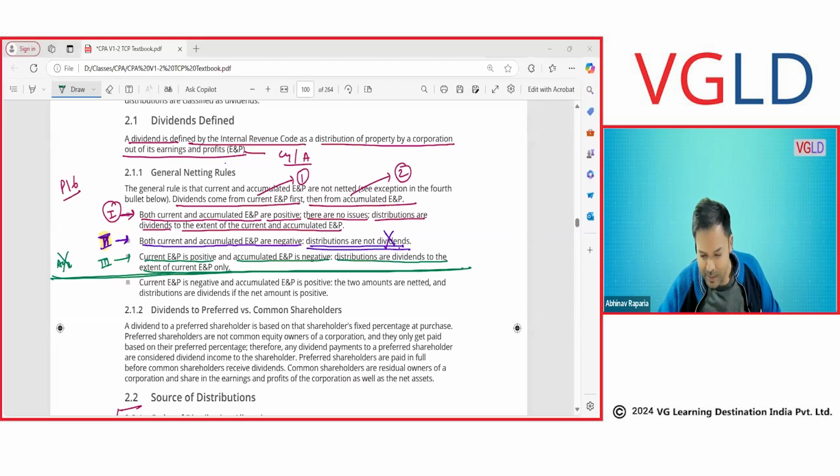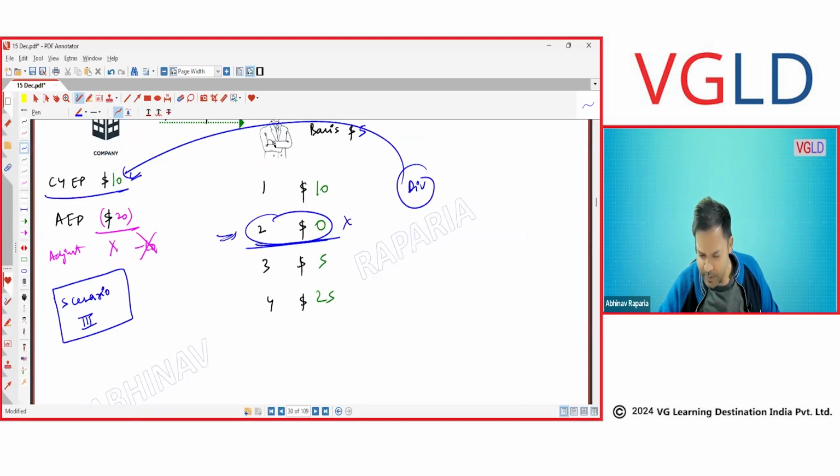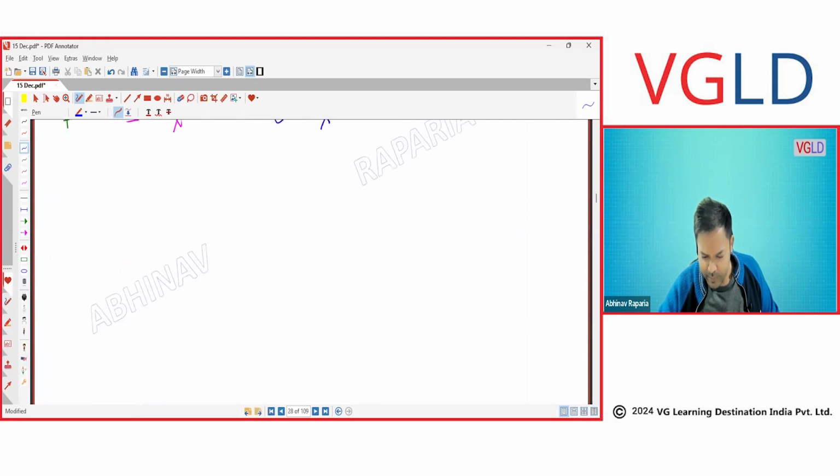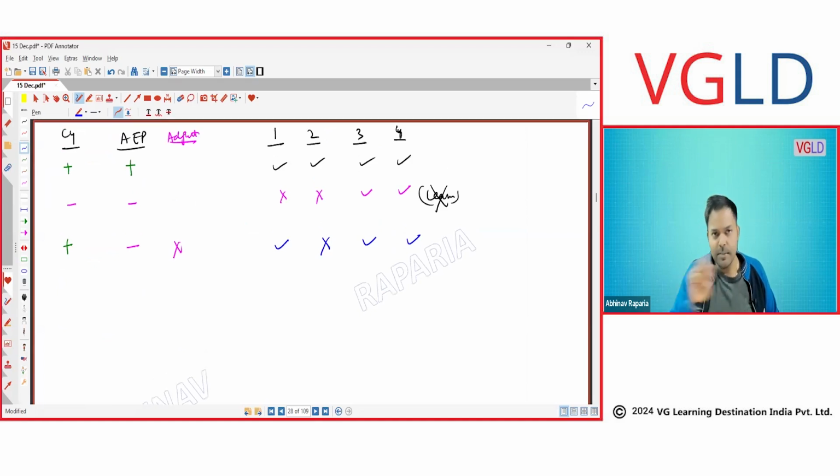Which scenario is left? I'm a little confused, guys. No, no, no. I'm saying we have done 3 scenarios. Plus, plus, minus, minus, plus, minus. Which scenario have I not done?